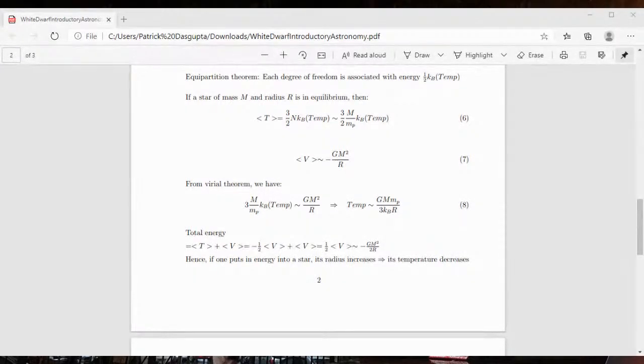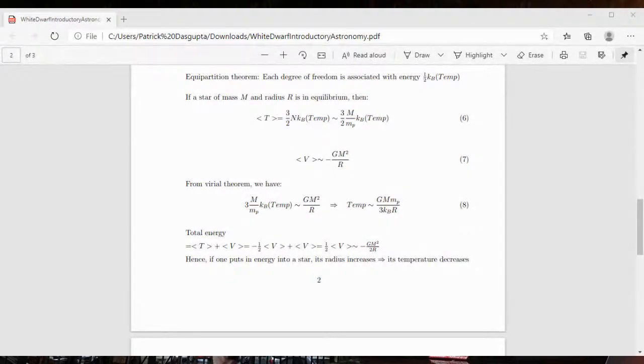And the collapse happens at a very fast time scale. We will see how this time scale is estimated later on. That also we will discuss. But a core will collapse within a time scale of a few milliseconds once it becomes cold.